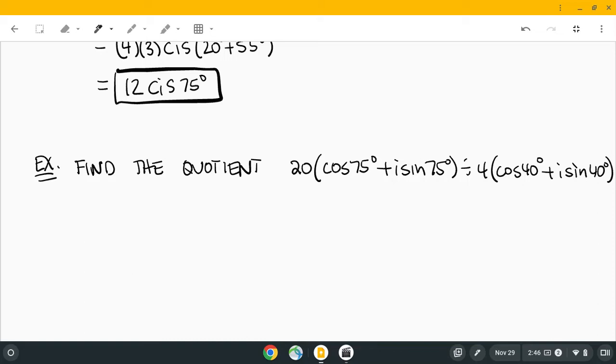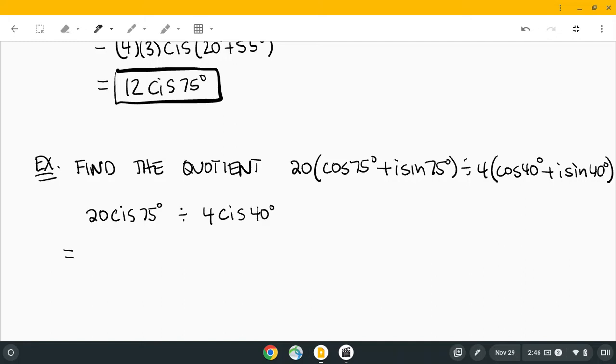All right, so if we're going to do this quotient, I'm just going to go ahead and rewrite the problem down here, but let's write it in the short form. 20 cis 75 divided by 4 cis 40.